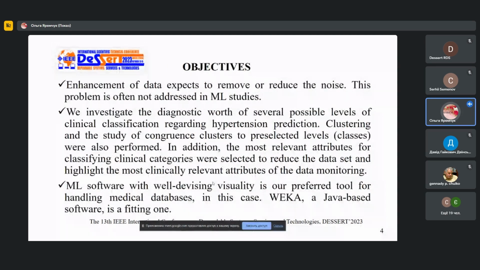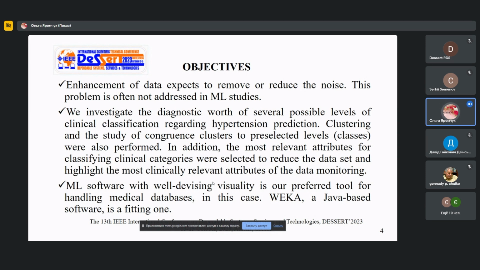So the objectives of our report are to address the problem of data noise and enhance the ABPM dataset. The primary objectives include investigating the diagnostic value of different clinical classification levels in predicting hypertension.